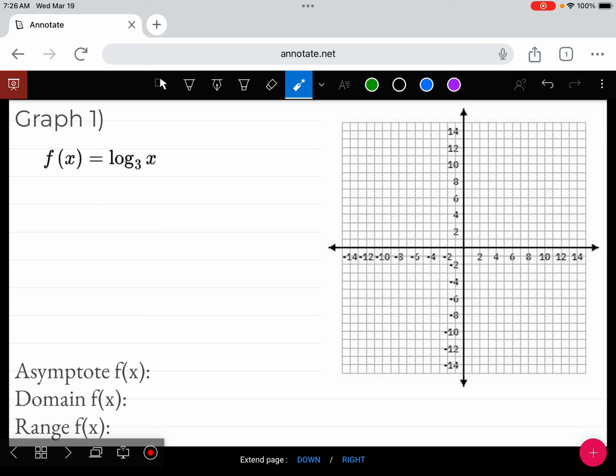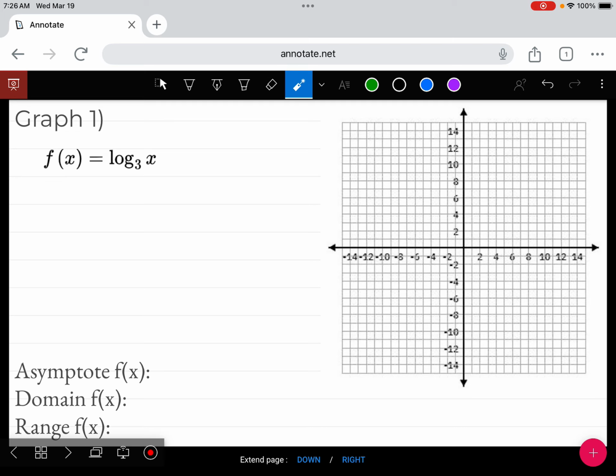Doing the inverse, because these are inverse operations, just like multiplying and dividing, just like squares and square roots. Exponentials and logarithms are inverse operations. So the way we're going to graph logarithms is we're going to start with an exponential to make our logarithm.